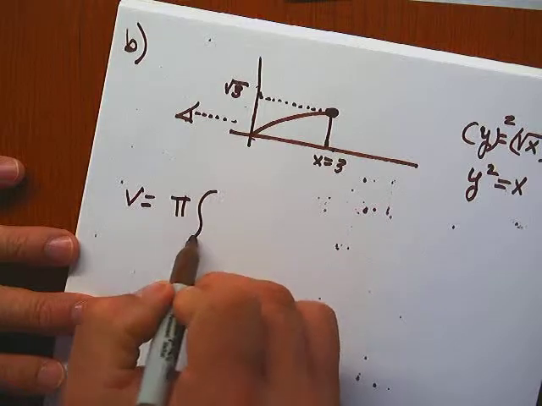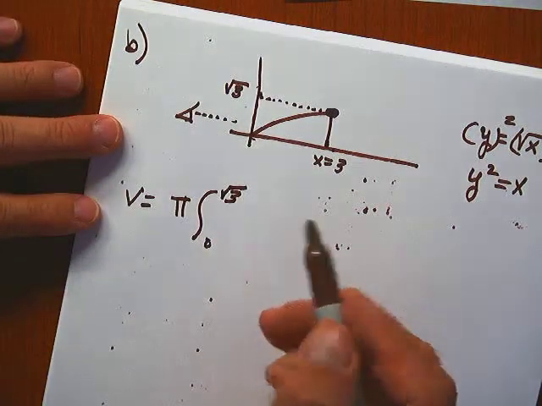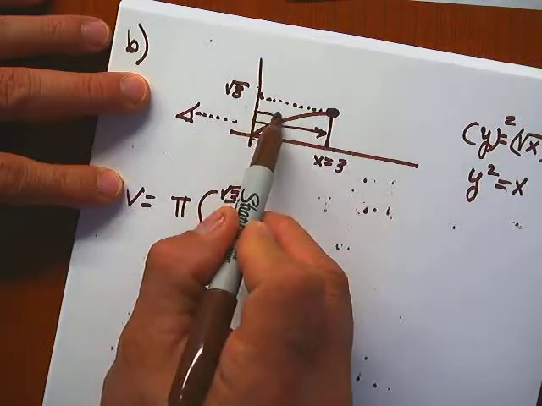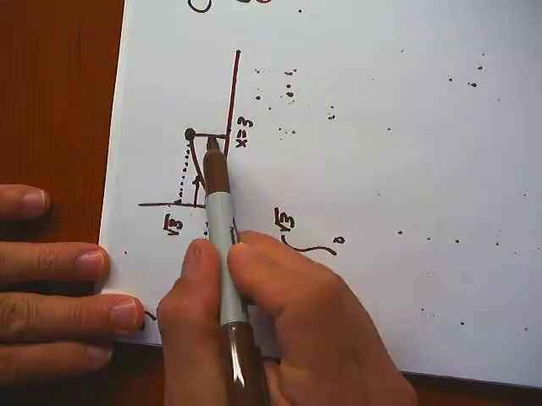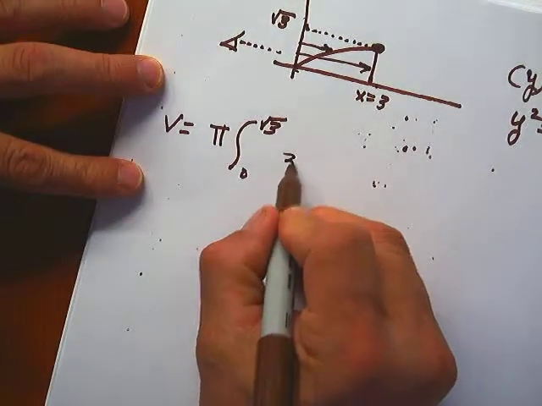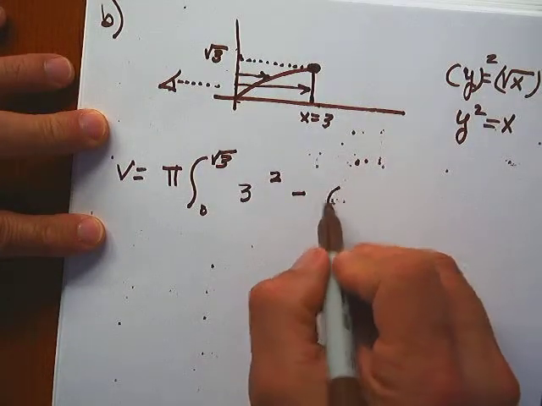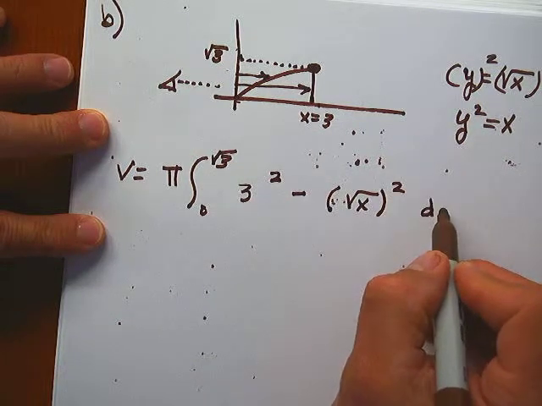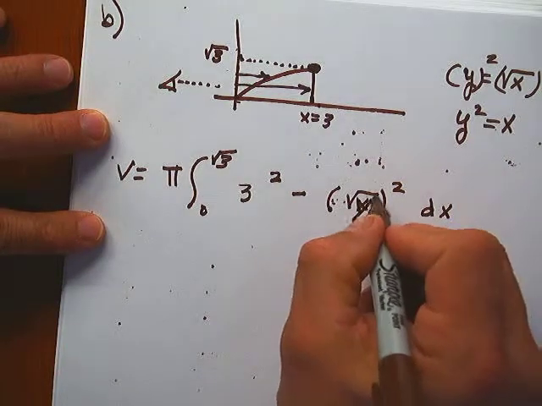So this one is going to be volume is equal to pi, from 0 to the square root of 3, of 3 squared, this is the upper minus the lower, just like we did on the x-axis. So that would be 3 squared minus the quantity y squared, dy.